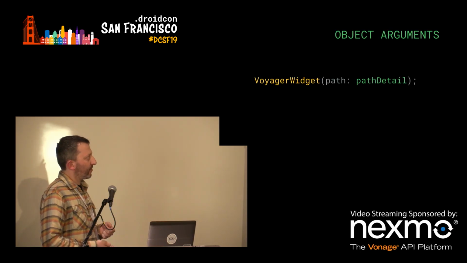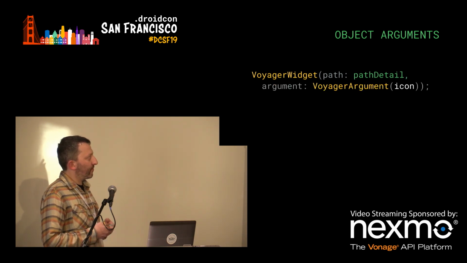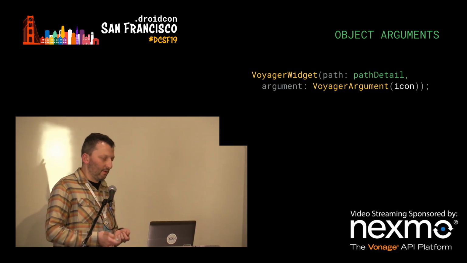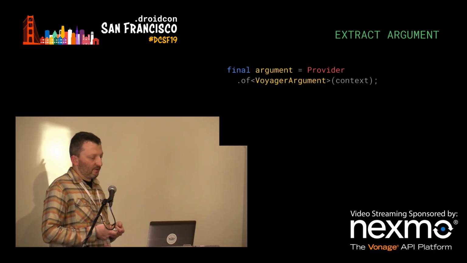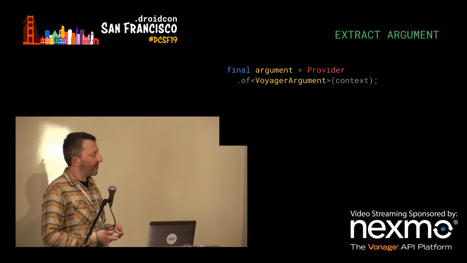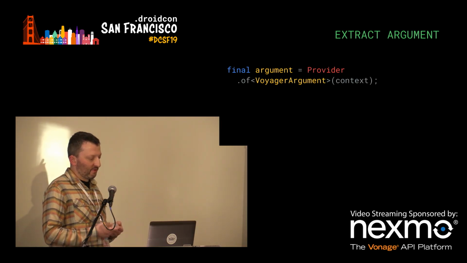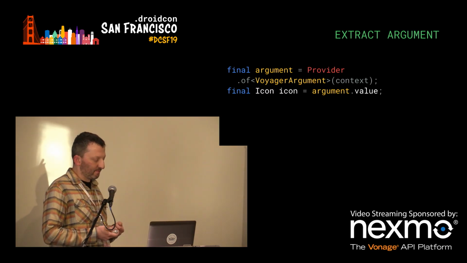This is mirrored in the Voyager embed API. You just supply a Voyager argument and put the value in the constructor. And once you're in the widget space, you can obtain that value using provider and then unwrap the value itself from the argument.